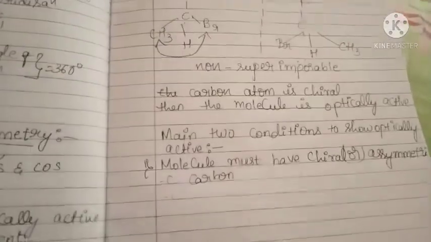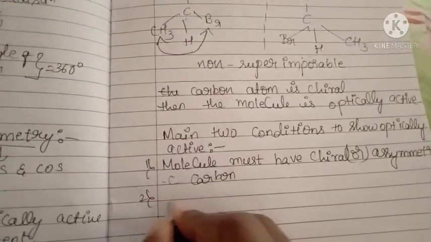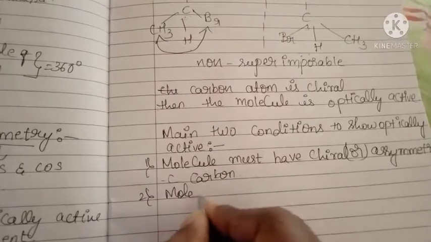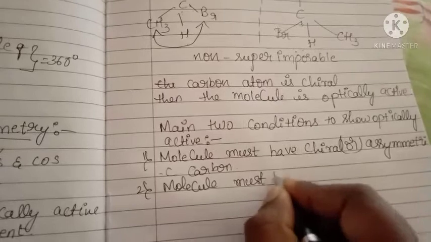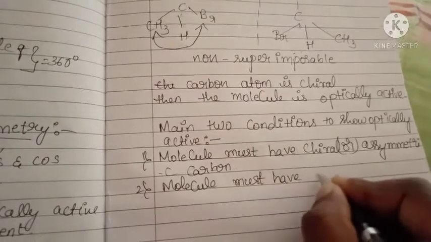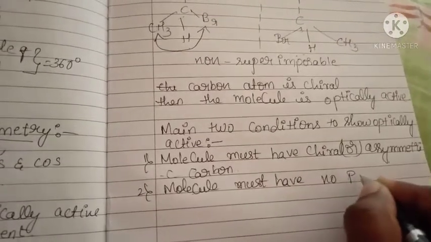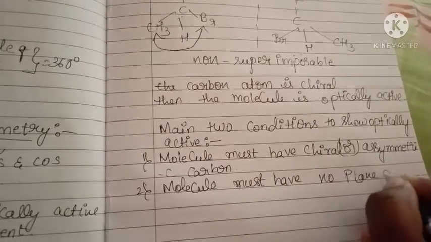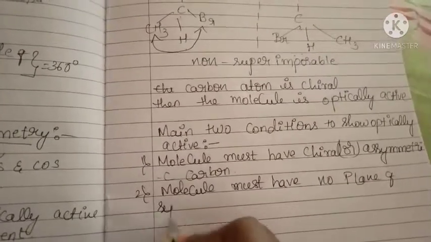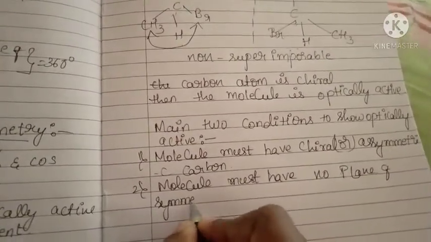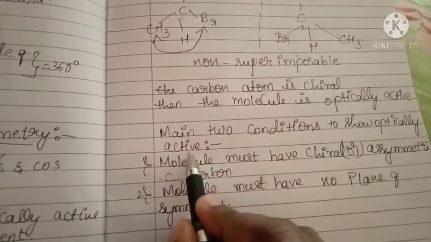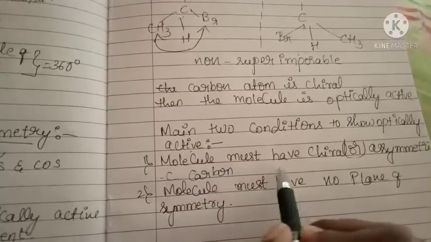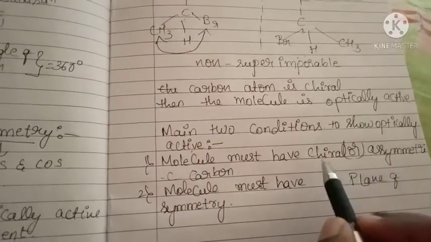Next, the second one is the molecule must have no plane of symmetry. These are the main 2 conditions for a molecule to be optically active. The molecule must have a chiral or asymmetric center.